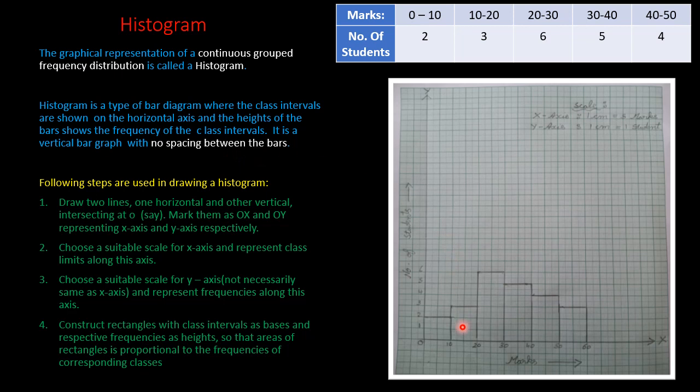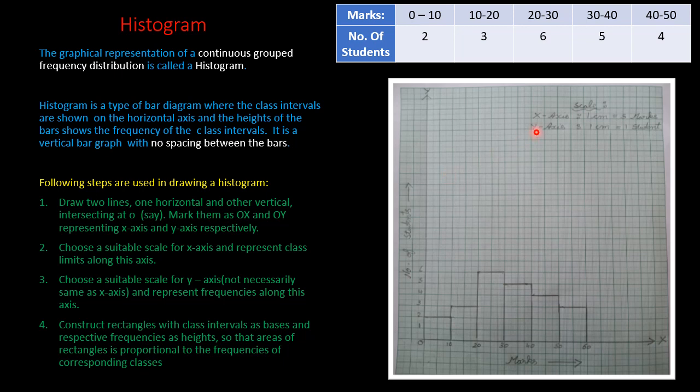Children, when we draw a histogram, we take class intervals along the x-axis and frequencies along the y-axis. For the x-axis and y-axis, we have to take scales. They can be the same or different.